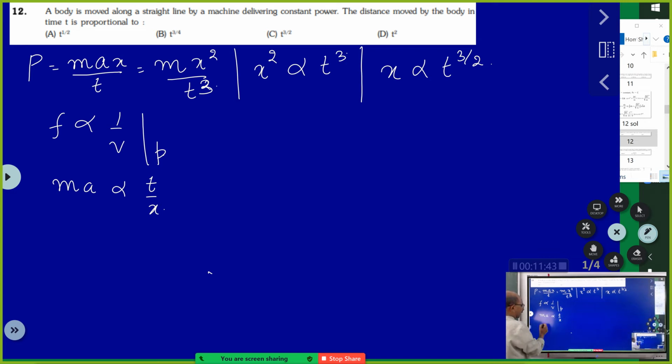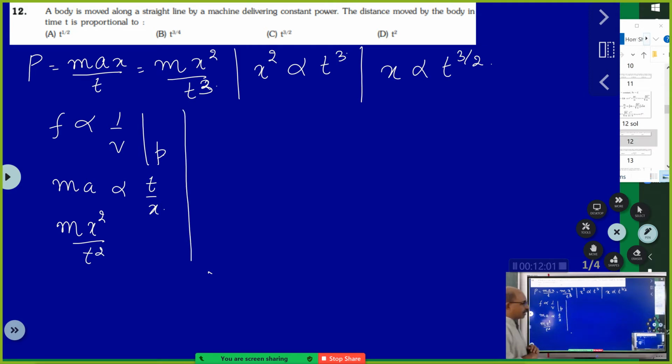And instead of A, as your friend has written, A becomes x by t square. So x square by t square. I think the rest of the things are same.